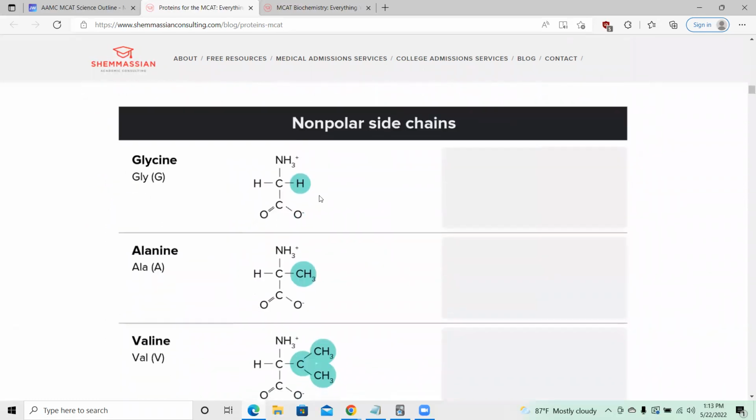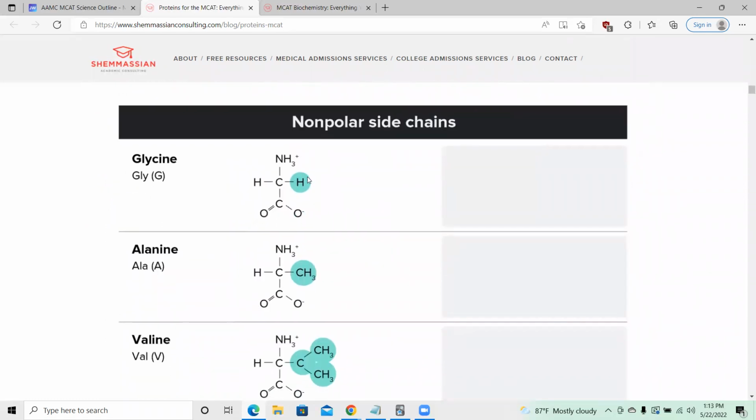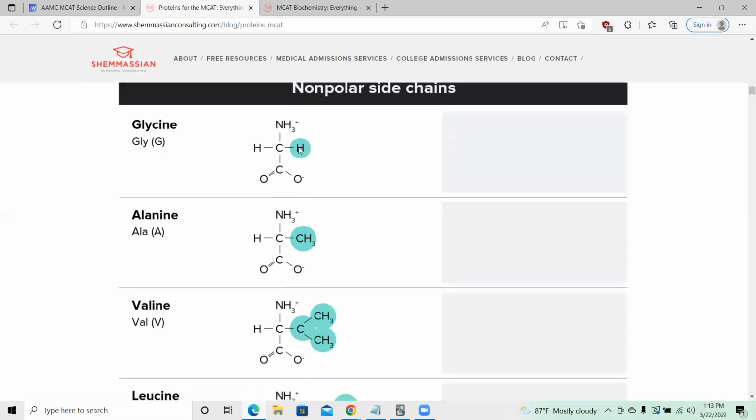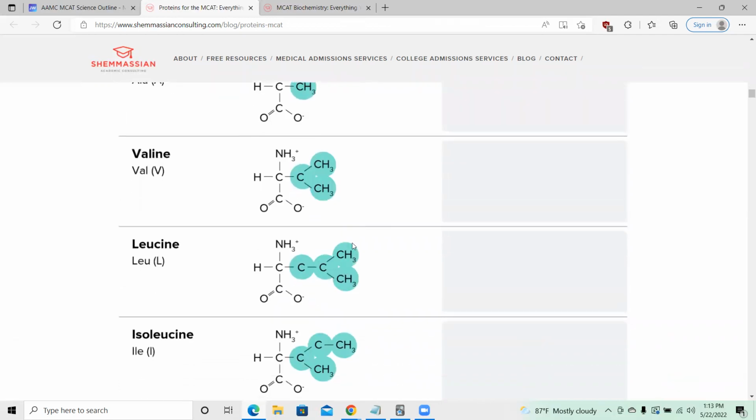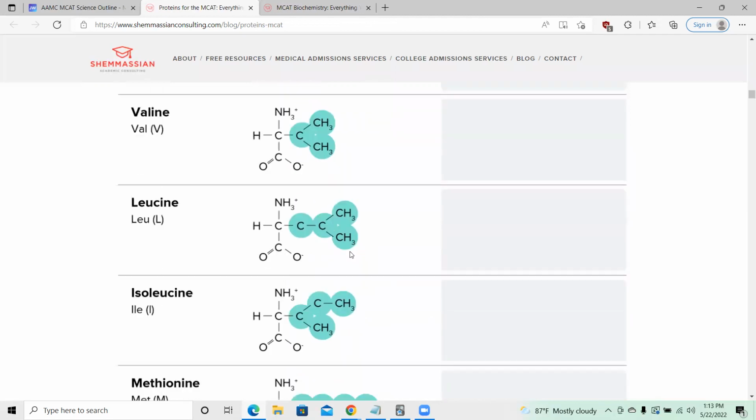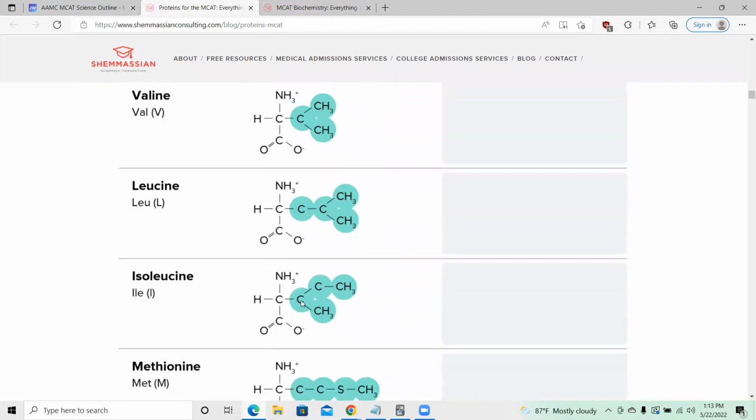So here we can see the part in blue is the R group. Notice here we have the carboxylic acid, the amine group, the H, and then the R group. And the R group changes. It can be a hydrogen, it could be a methyl, it could be an isopropyl, it can be, I don't know what this is called, but this is 4 carbons, and then this is 1, 2, 3, 4 carbons, but in a different configuration.